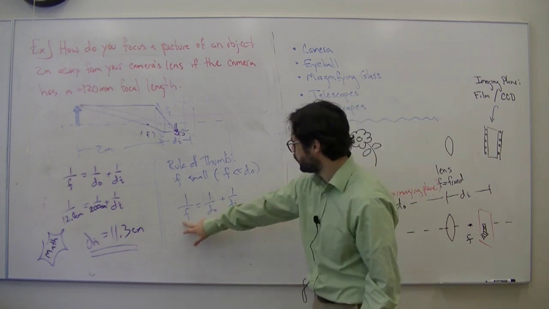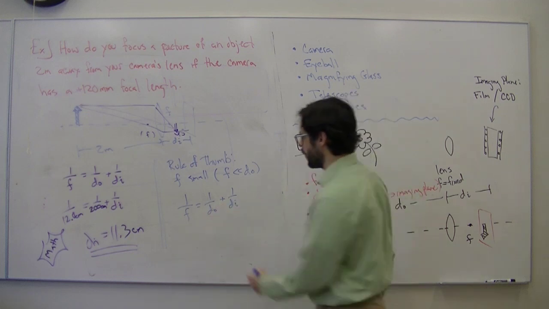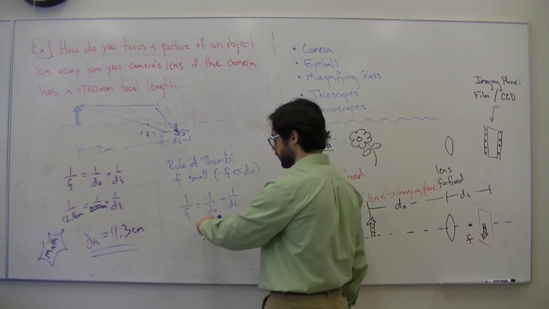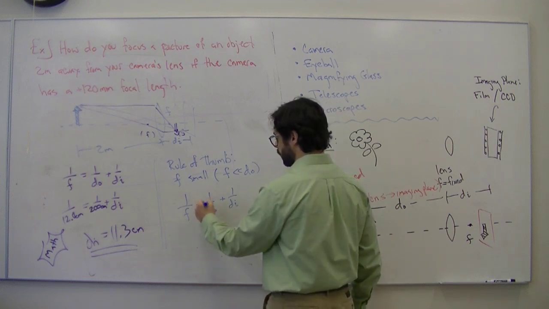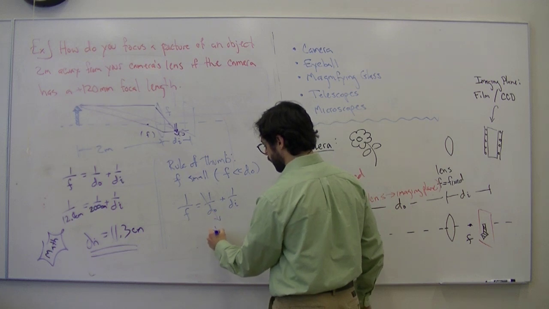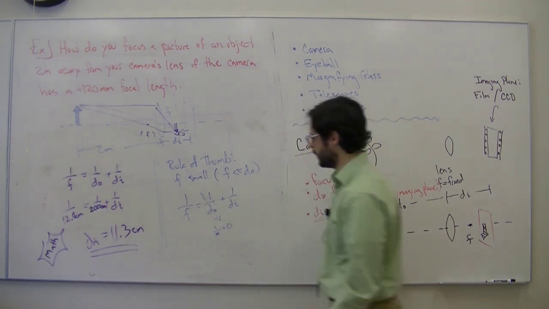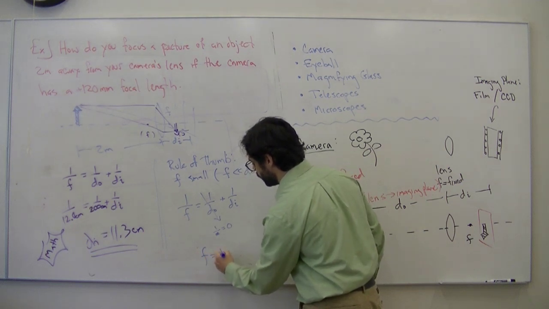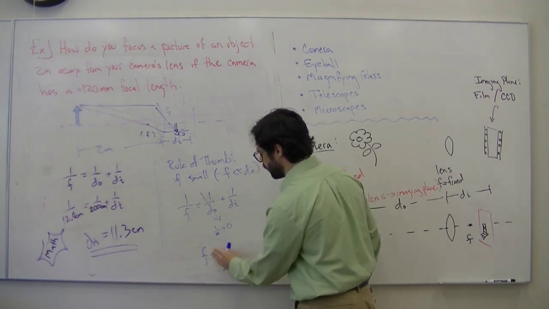Well, if this is tiny compared to that, effectively this becomes really big. Really big for us is infinity. 1 over infinity is 0.